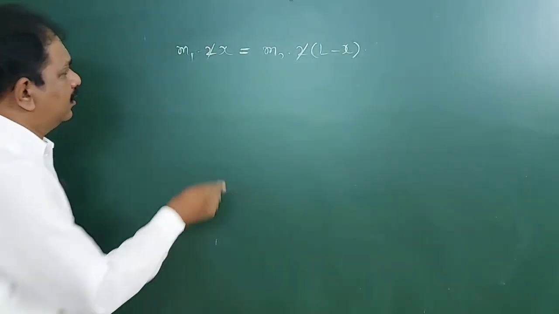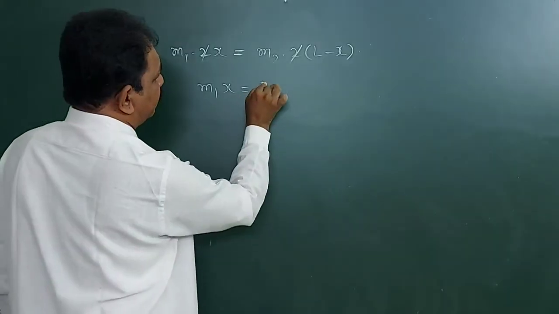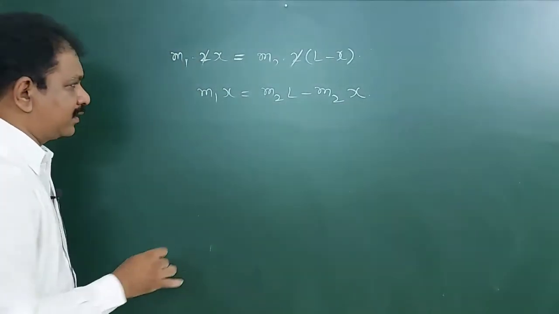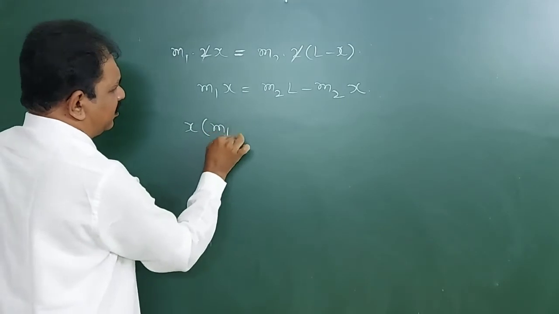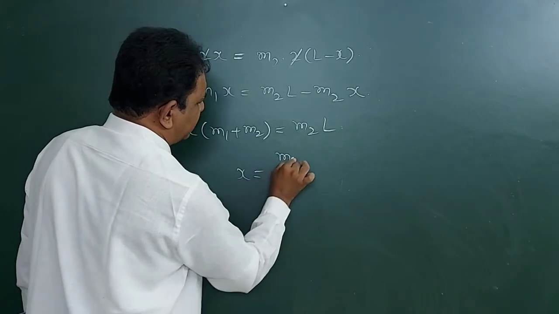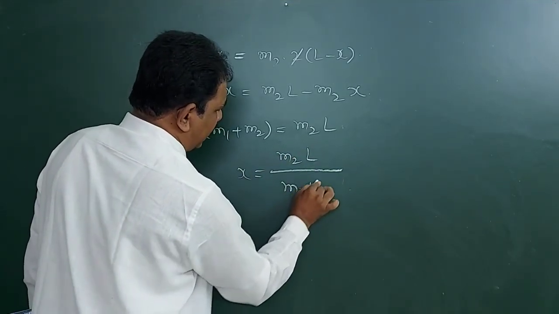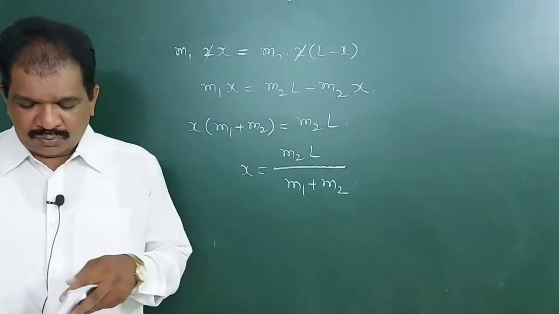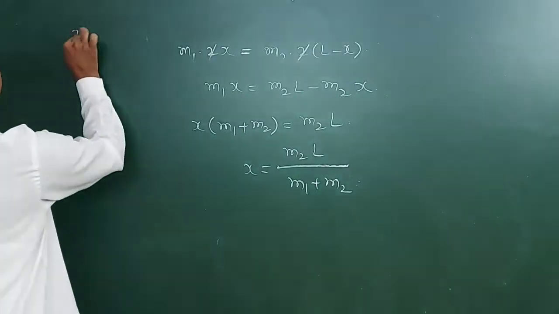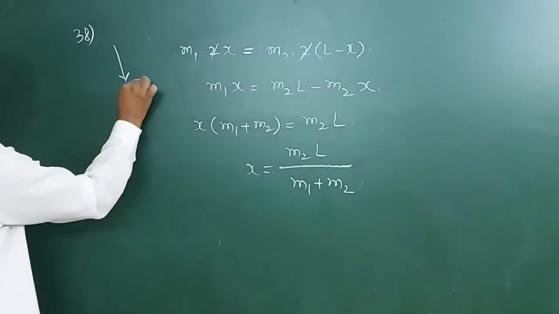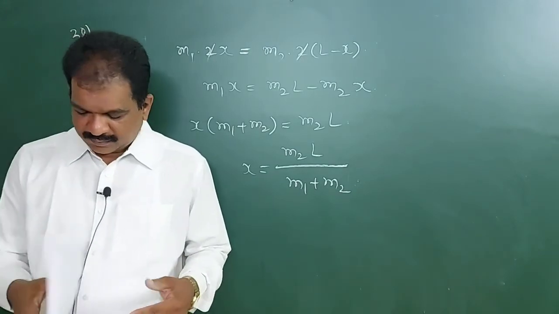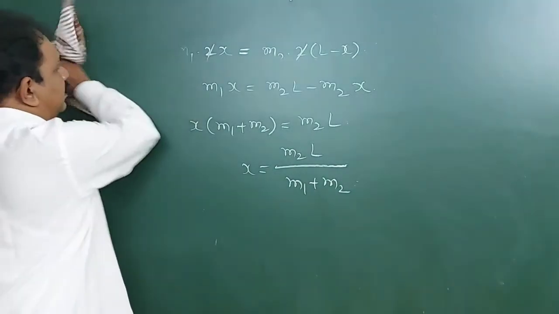One more step. m1x is equal to m2L minus m2x. That m2x you bring to the side, x into m1 plus m2 is equal to m2L. So x is m2L by m1 plus m2. Okay. So 38, it will be first option. Clear? Next, 39. What they are asking, see.